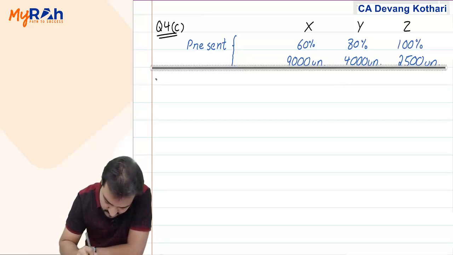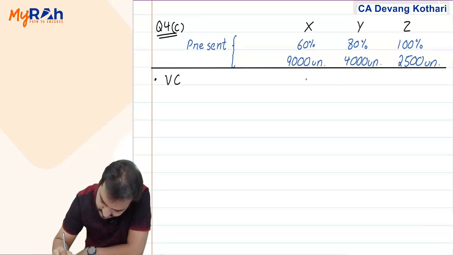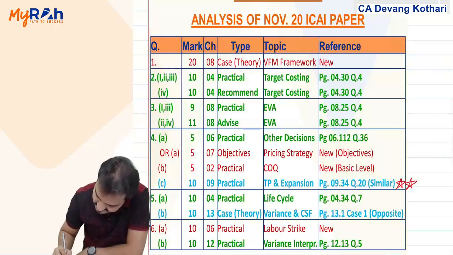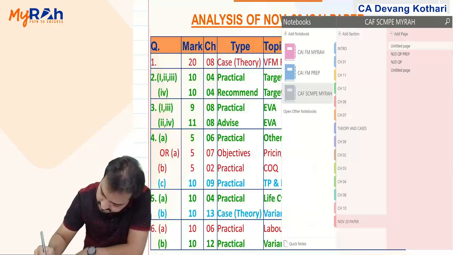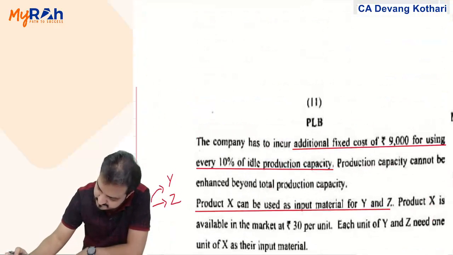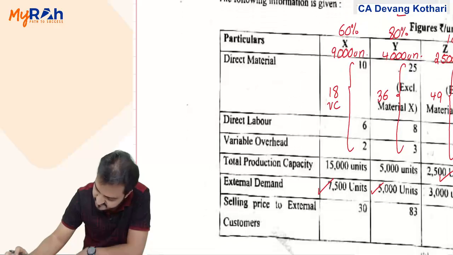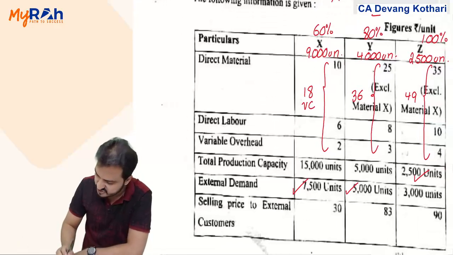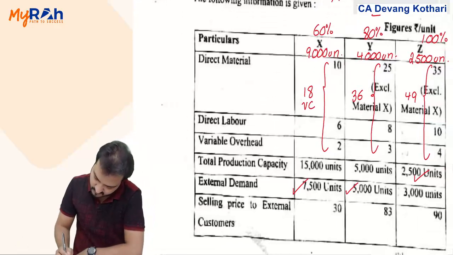Also, you are given the variable cost of each division. X has 18, Y has, I have to see the question again, Y has a variable cost of 36 and Z has a variable cost of 49.